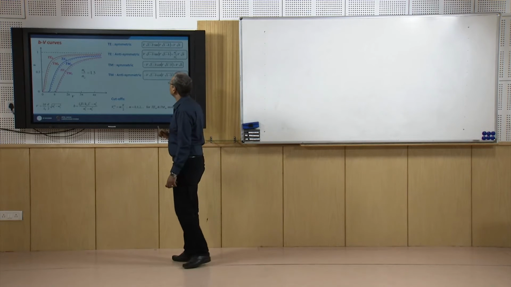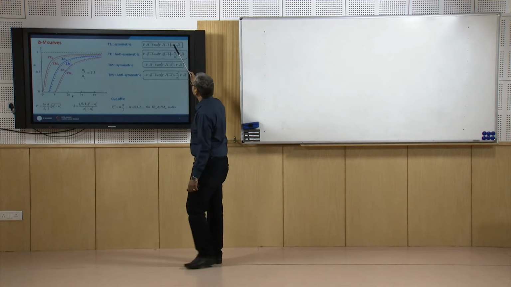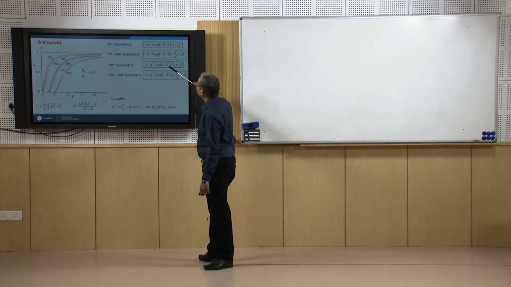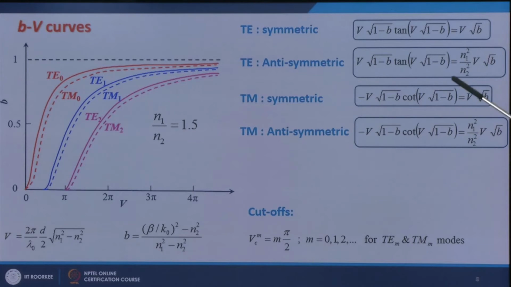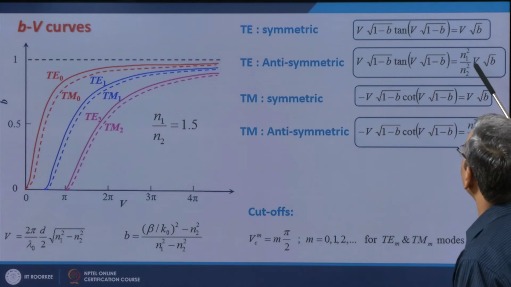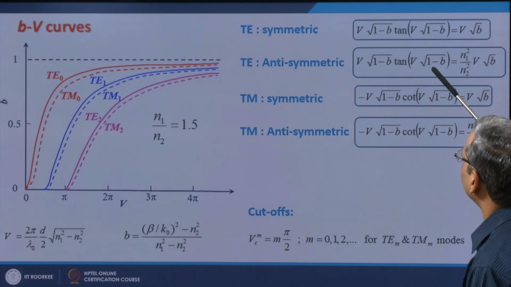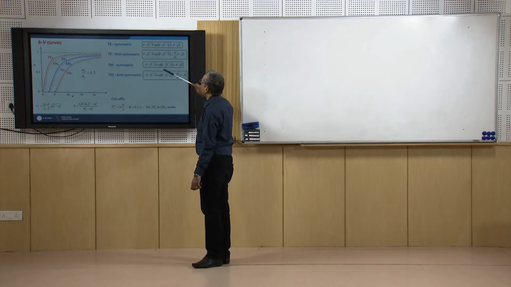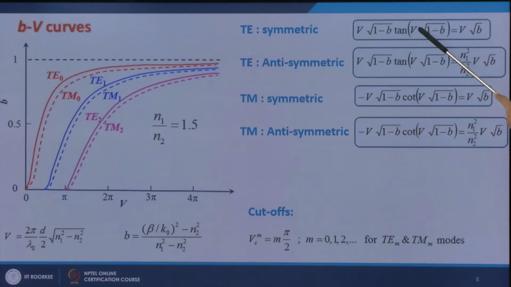If I talk about TE modes, this is the equation for TE symmetric mode and this is the equation for TE antisymmetric mode. So, let me make this correction here.